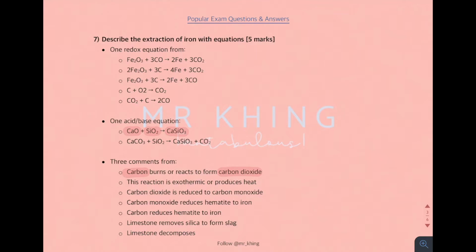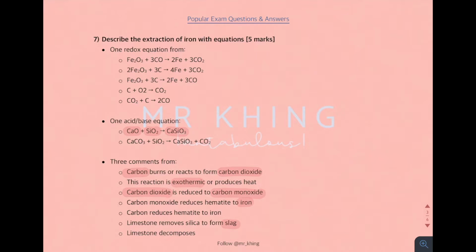This is an example of an exothermic reaction. And then the carbon dioxide produced will get reduced to form carbon monoxide. And then the carbon monoxide produced will then reduce the hematite, iron(III) oxide, into iron. So this is an example of reduction. And then limestone decomposes, and limestone is used to remove the silica impurities to form slag.